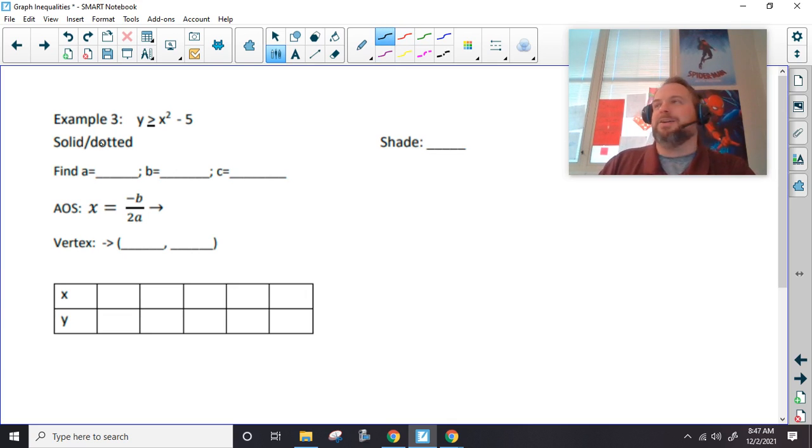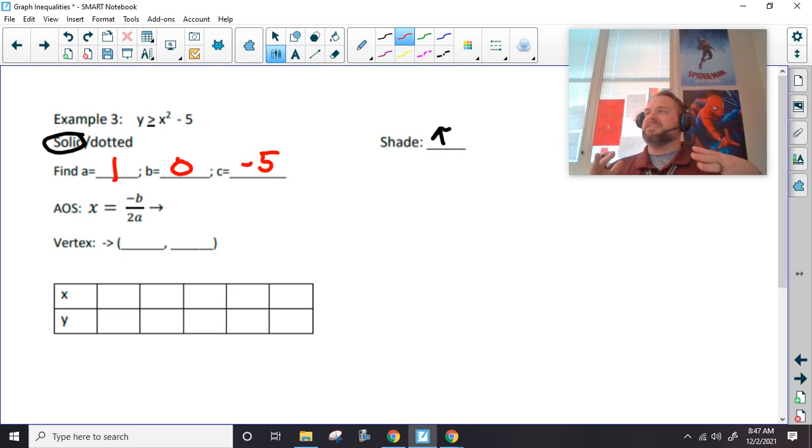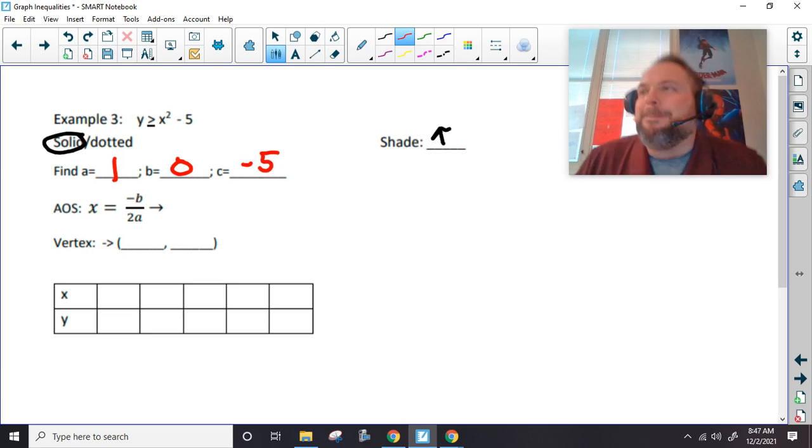Example 3. Is this solid or dotted? Solid. And which way do we shade? Up. All right. What is our A? What is our B? Yes, 0. What is our C? What did we discuss yesterday when our B is 0?